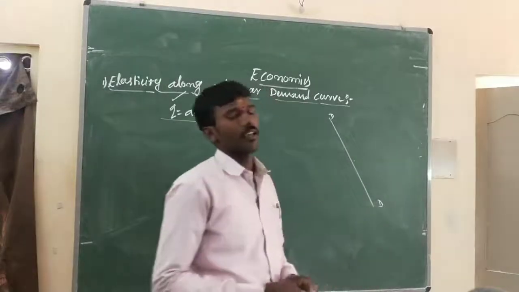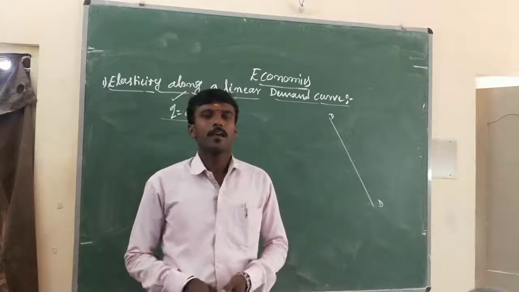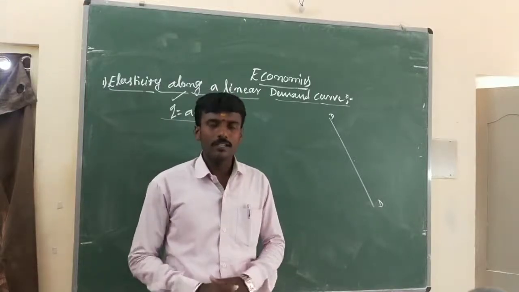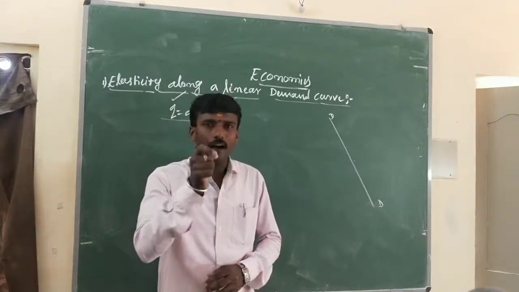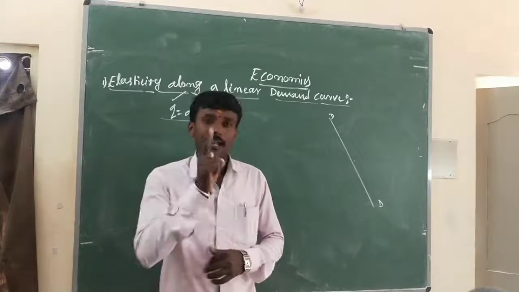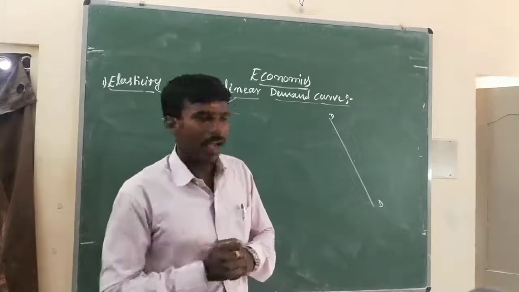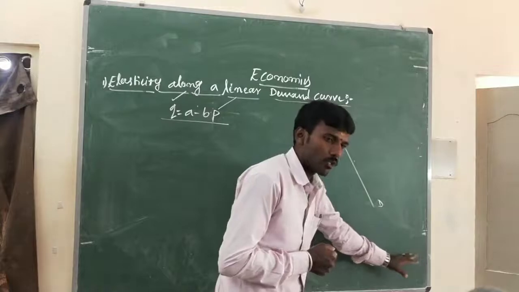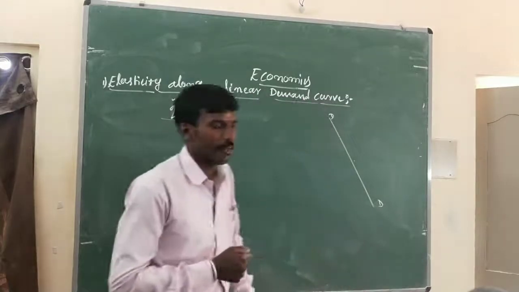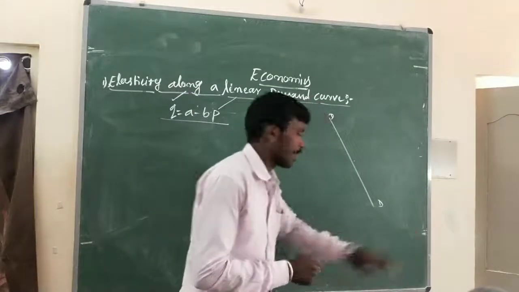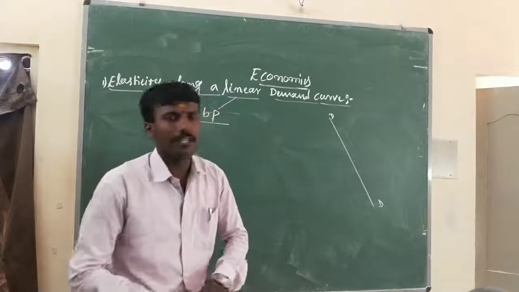See, once again I repeat, now note that any point on a demand curve, how do you know that the demand curve is downward sloping from left to right? ಬೇಡಿಕೆ ರೇಖೆ ಯಾವಾಗಲೂ ಎಡದಿಂದ ಬಲಭಾಗಕ್ಕೆ ಇಳಿಜಾರಾಗಿರುತ್ತೆ.